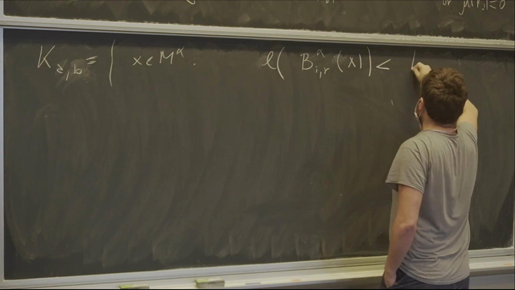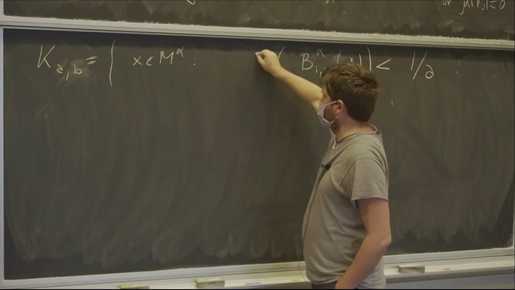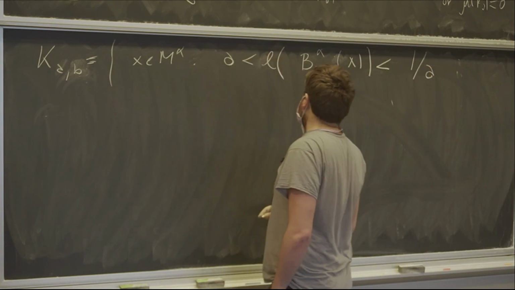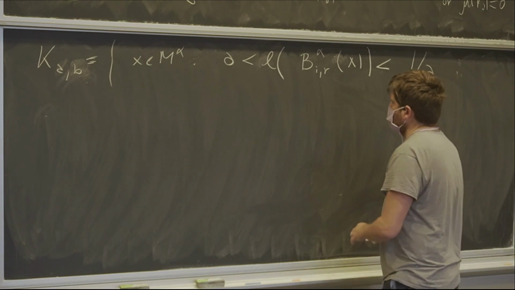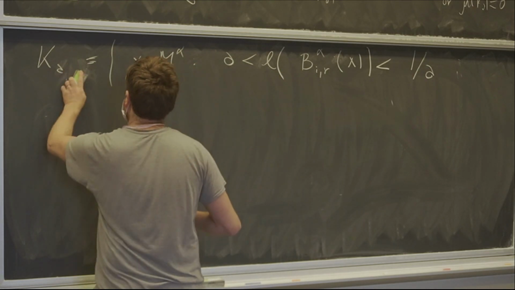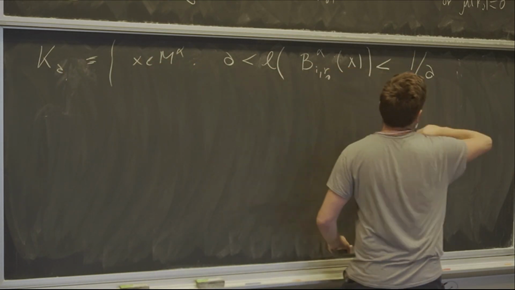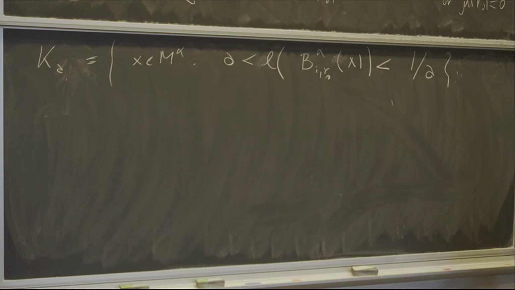This is less than 1 over a, larger than a, and I want this for, wait a second. I said there for every r this is true. So then let's just use one parameter, that's good enough. So you fix one r naught and take this.